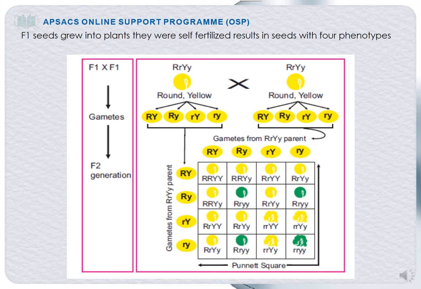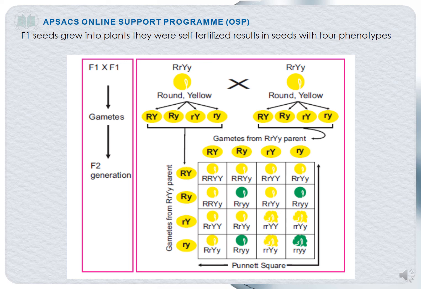All the F1 seeds grew into plants and were then self-fertilized, which results in 4 different phenotypes. So the F1 was self-fertilized with the F1 generation. After getting the gametes and fusion of the gametes, we get the F2 generation or the second filial generation.